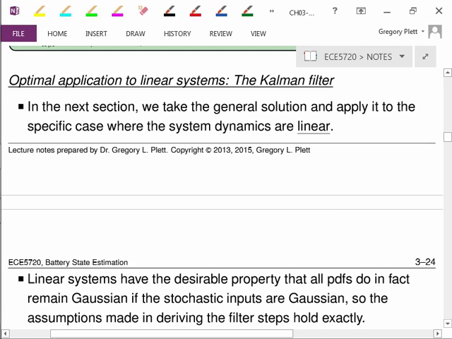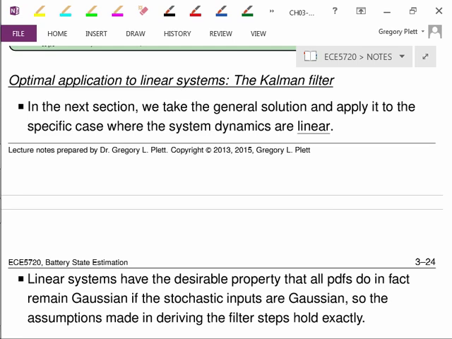We'll start with the linear Kalman filter. This is not something that really applies directly to a battery model because a battery is a nonlinear system, but I think it's very valuable still to take this step in the derivation to help you gain confidence and understanding of how we do things.